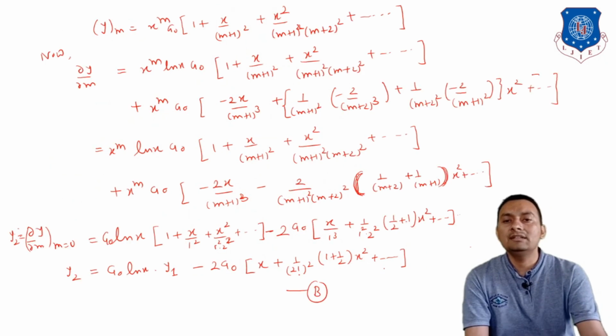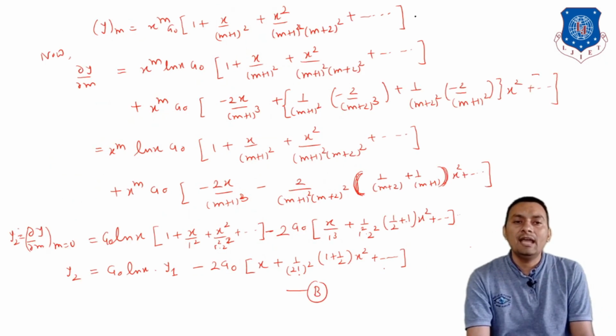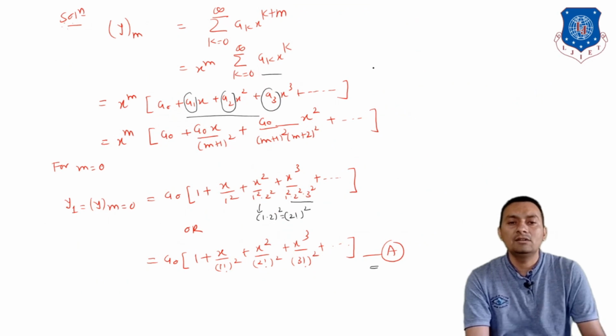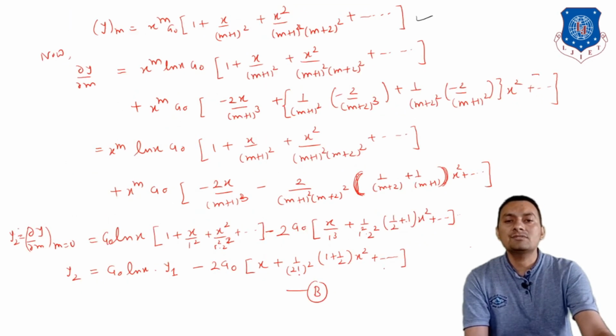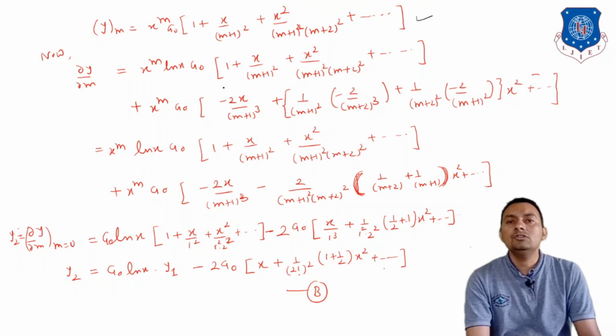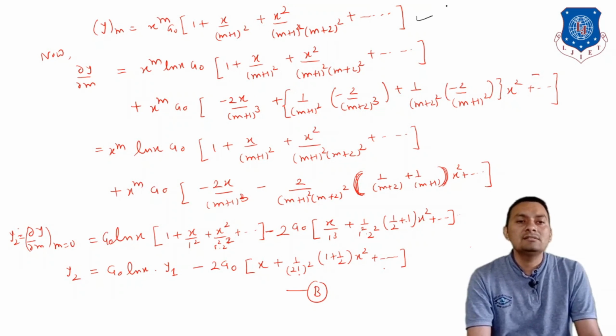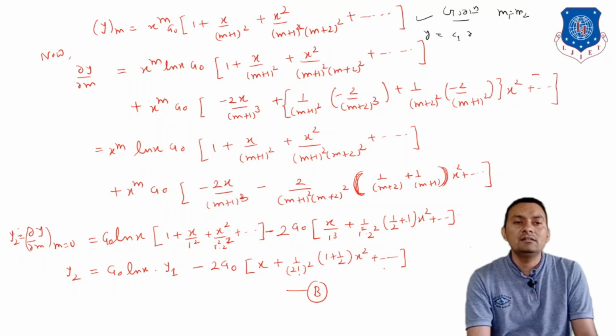Now let us move on to the next. y_m, we have already written over here. Now I'm going to focus on finding the second solution, because the general solution, when we have both repeated roots, is C1 times y_m at m equal to m1, and the second says that you have to find the partial derivative of y with respect to m, and then replace m by m1.